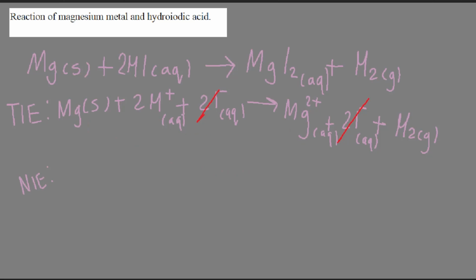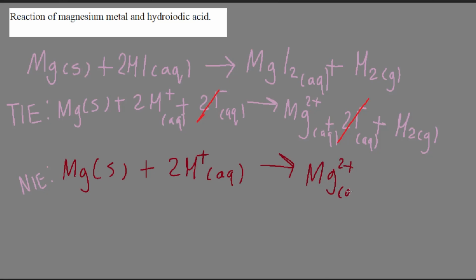So really, we just make it this: Mg(s) plus 2H plus aqueous, arrow sign, I'll just write Mg first, Mg 2 plus aqueous, remember, aqueous, plus H2 gas. Alright.